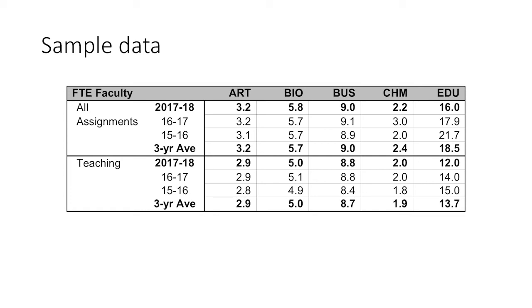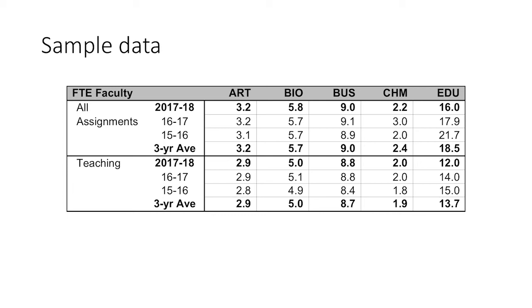So in business, there are 9 FTE faculty in all assignments and 8.8 FTE faculty for teaching assignments. That means that in the business department, there's almost no administrative overhead. There's almost no administrative cost for faculty. It's an efficient department because there's very little administrative overhead, versus in teacher education, there's a lot of administrative overhead.